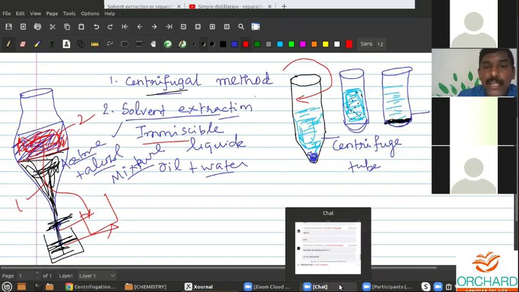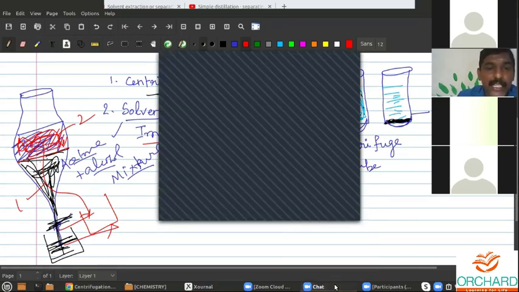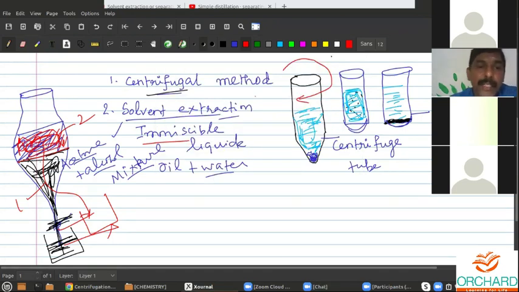One is called the centrifugal method, another is the solvent extraction method. The centrifugal method is used to separate insoluble solids from liquids.